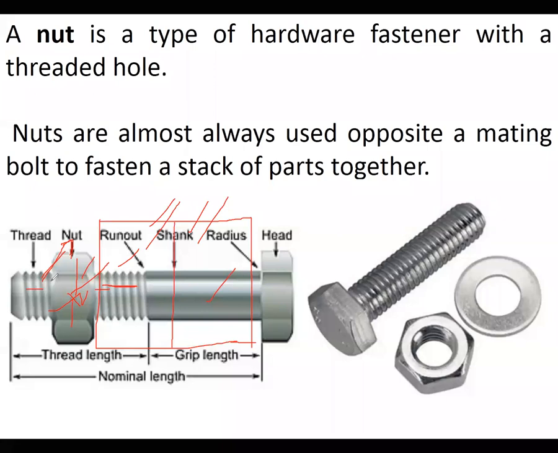In order to make individual components into an assembly component that gets a proper function, we tighten with nut and bolt. During that tightening there is friction because the nut is passing over the screws.